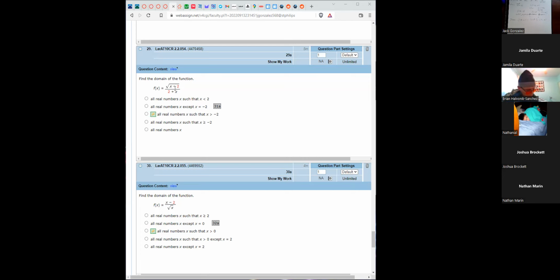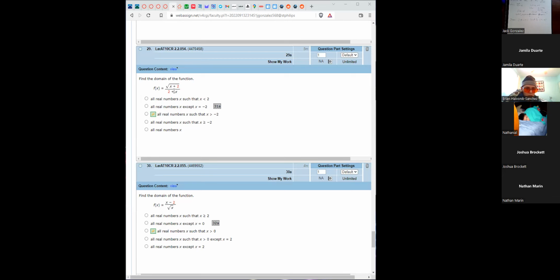Notice how I can't go below -2, and I can't be equal to -2. No, I'm sorry. Inside the square root, I have to be -2 or higher. But down here, the only issue is -2. So I have to exclude -2, even though it's okay on the top.